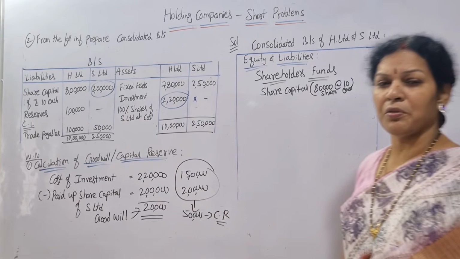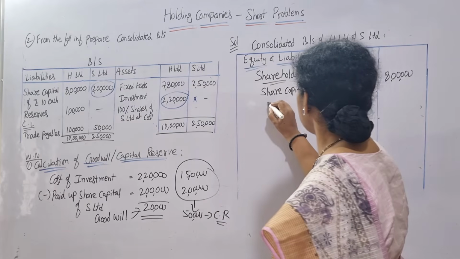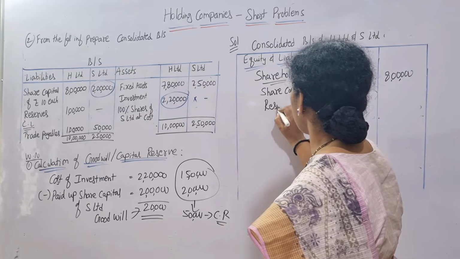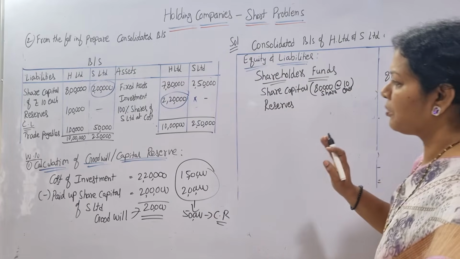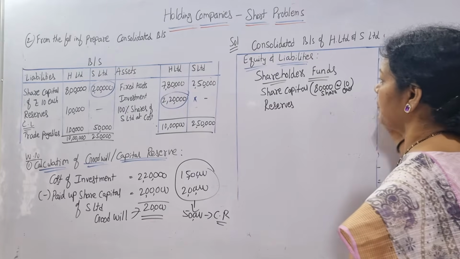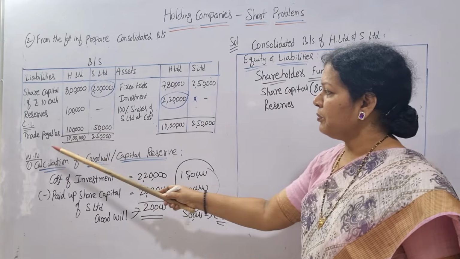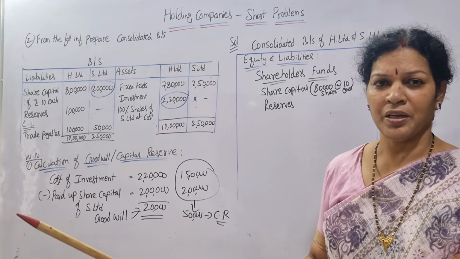We have reserves also. Reserves and surplus we will show under the shareholders' funds. We simply take the holding company's reserves only, that is 1 lakh. Apart from this, we have trade payable. Current liabilities, simply add and show, as I said.